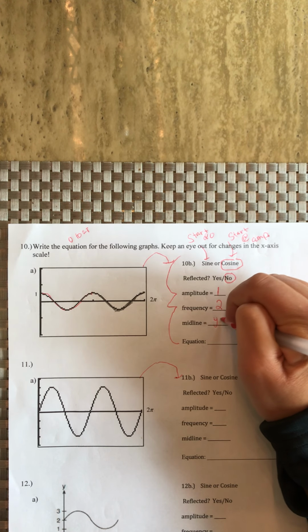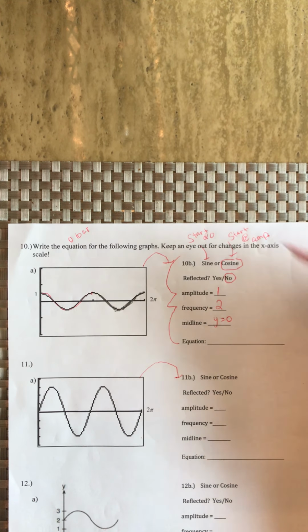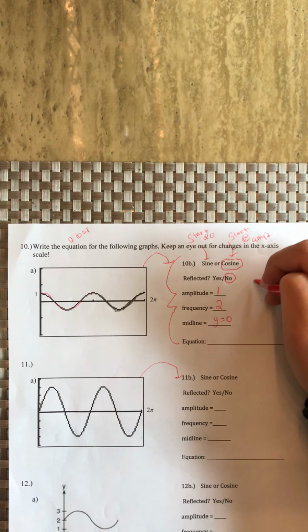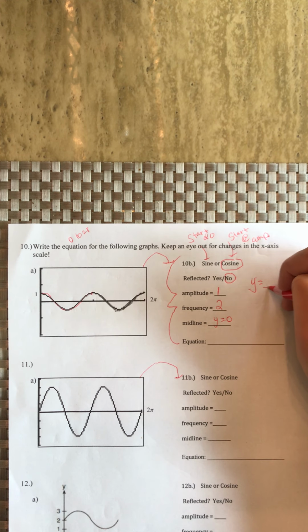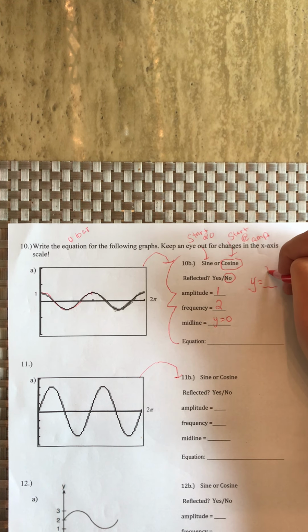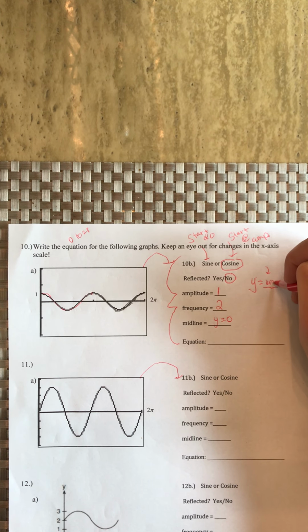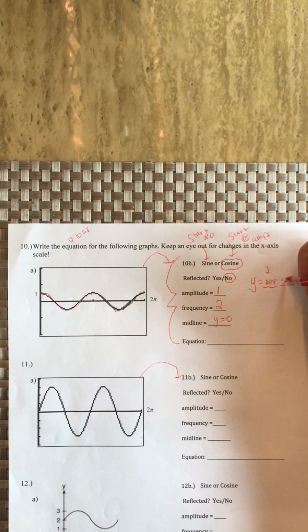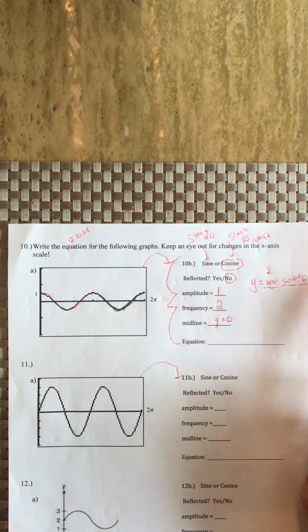The midline is y is equal to 0, and then you guys can just put all this together. For an equation, we always have y is equal to, we have our reflection, if we have a reflection, our amplitude, sine or cosine, the frequency, and the midline. Okay, so that's what that all stands for.